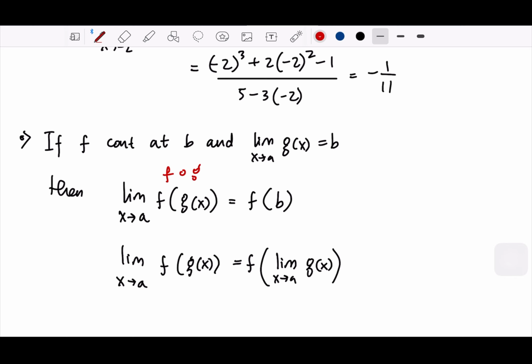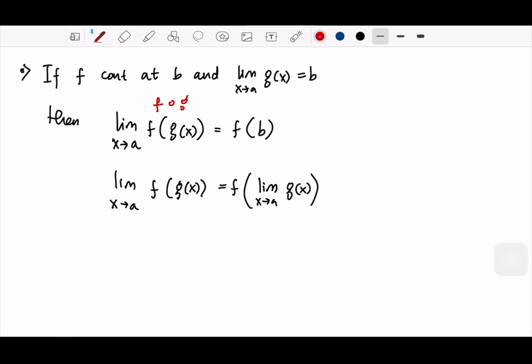Okay, and then still on the composite, we can also write down a definition of continuity on a composite.